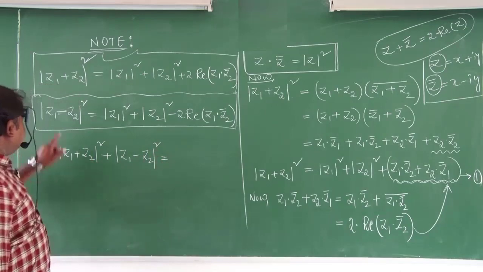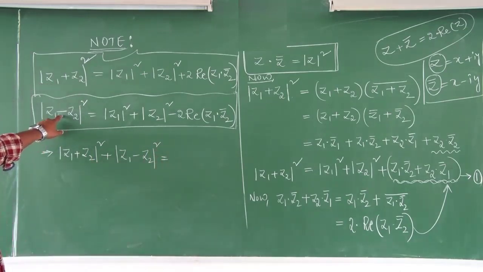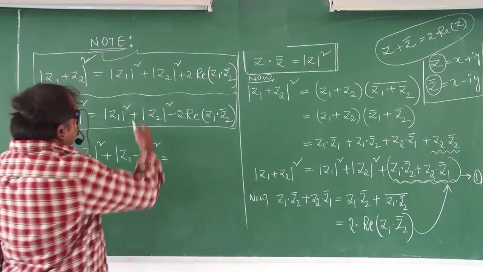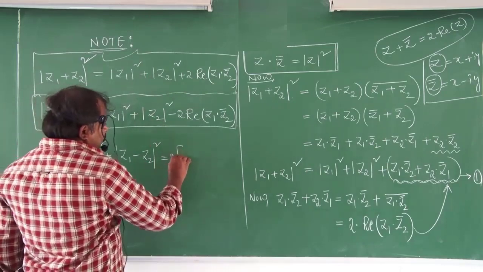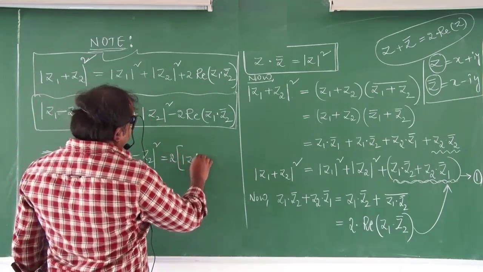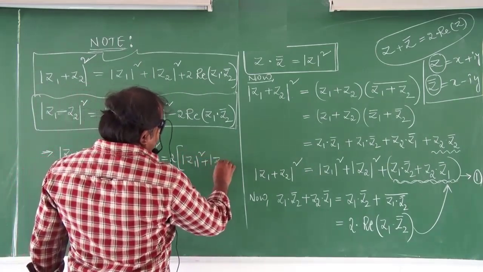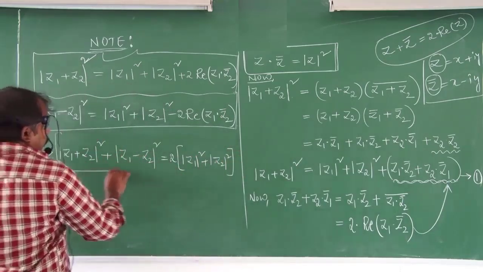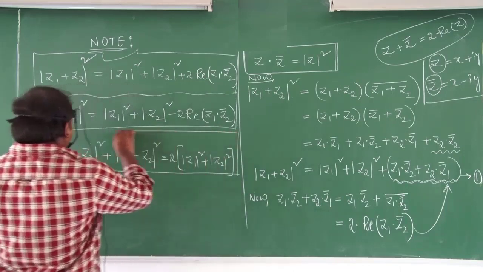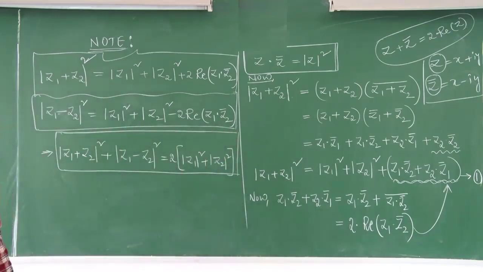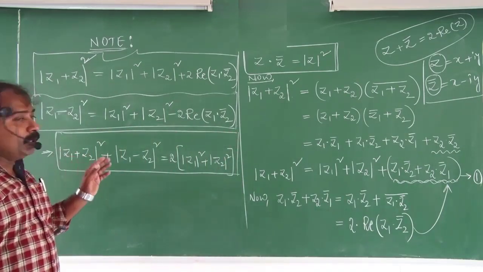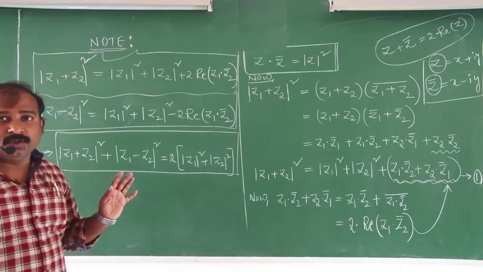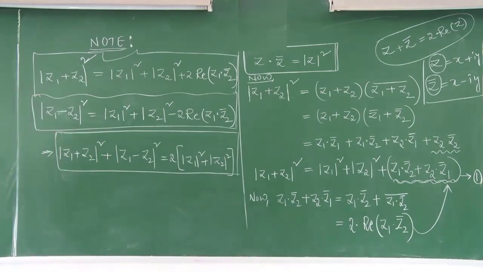Sorry, here it is minus, don't confuse, whole square equal to, adding them, 2 times of modulus of z1 square plus modulus of z2 square. This is one more important formula. Just remember this formula. These are based on the modulus. You can take it like this. Okay, next.